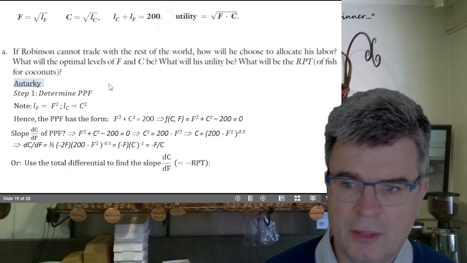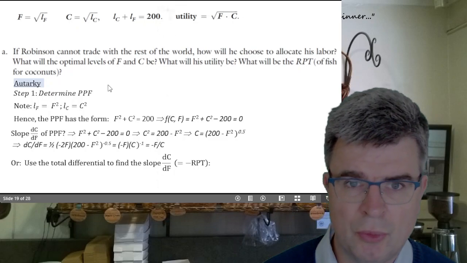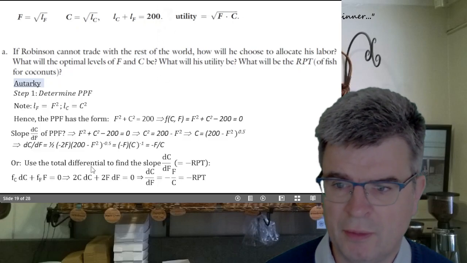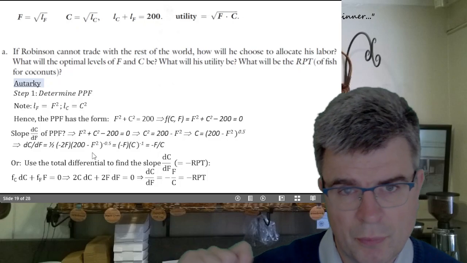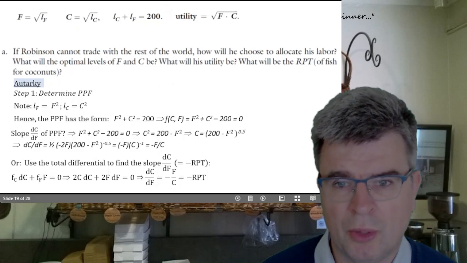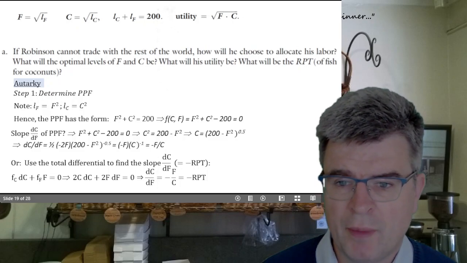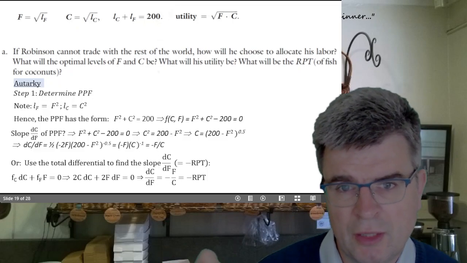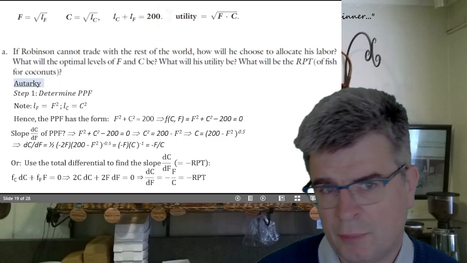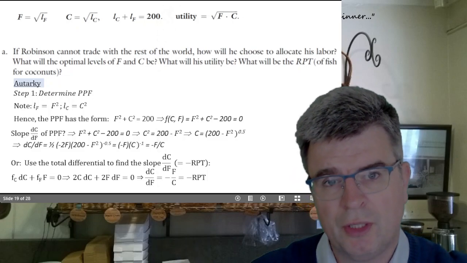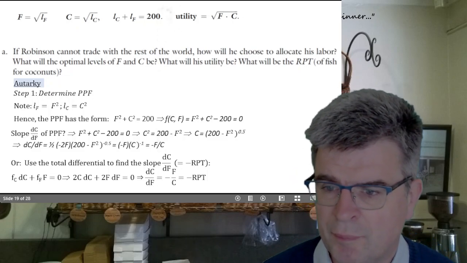Another way to do it is to use the total differential to find the slope. So this is the negative of the rate of product transformation. So we are tied to spending 200 hours. That determines our PPF. So if we change the production of coconuts, then we also need to adjust downward the production of fish in order to remain on the same frontier.